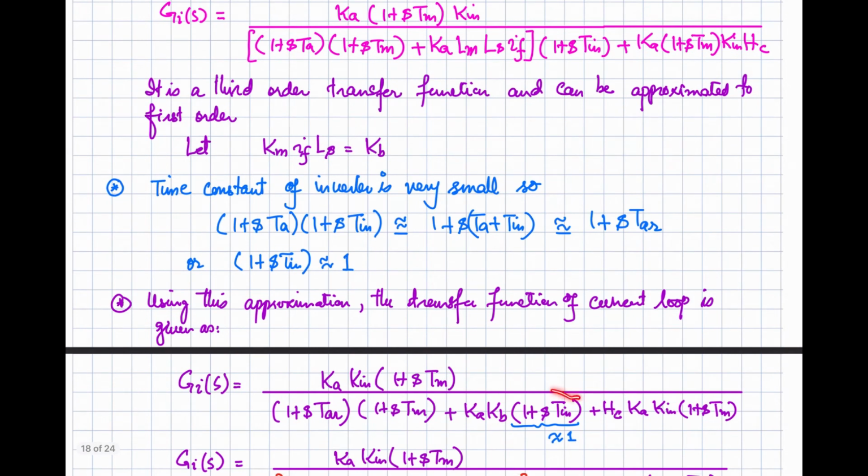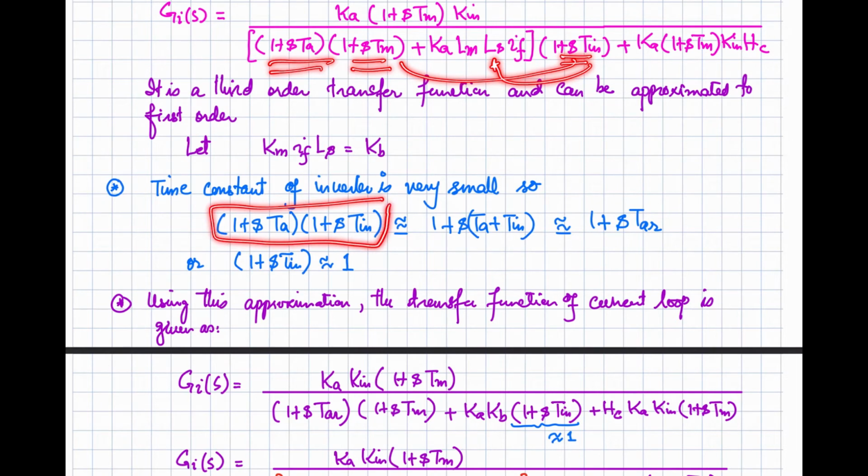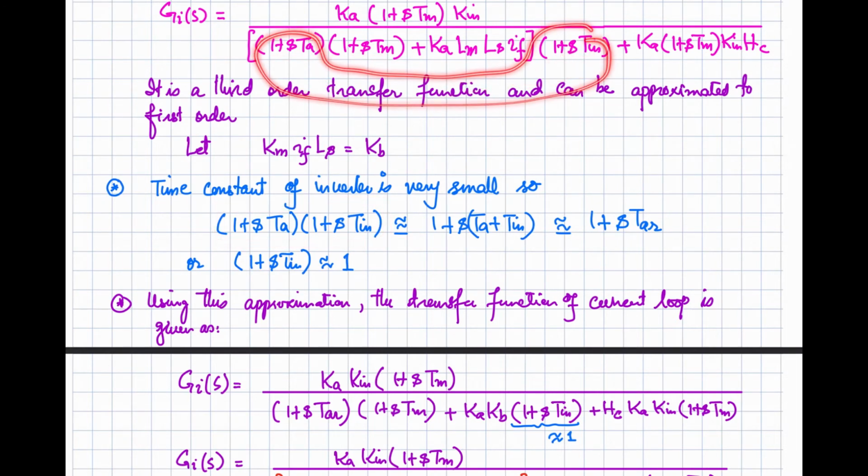So first of all, this 1 plus sT_in is equal to 1, right? And this part 1 plus sTa into 1 plus sTm into 1 plus sTn, because this will be multiplied with this one as well. So this part, 1 plus sTa with T_in from here, in this term and this term, can now be written like that as 1 plus sTa that you can see over here, and the leftover term is this one.